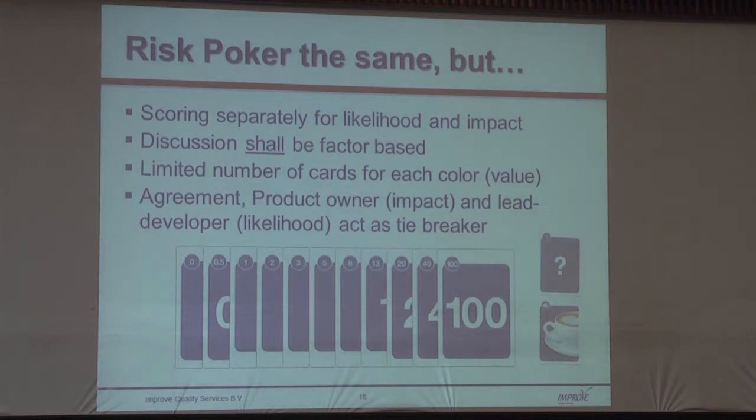And if someone says it's a higher impact, that's okay, but please, why? External visibility, frequency of use, financial damage, safety damage, all these things. So you've got to train people in doing it that way, instead of saying, well, I think it's important. So basically, we're reusing the essentials of the, you might say, traditional method.